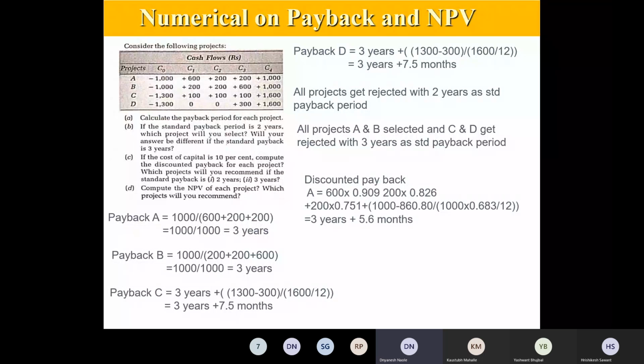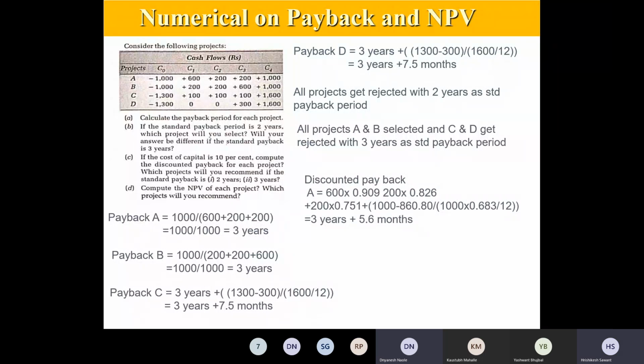Then 200 into 0.826, that is the 10% column, and for 2 years you will get 0.826. That is nothing but 1 upon 1 plus 0.1 raised to the power 2, plus third year is 200 into 0.751. Is this clear?